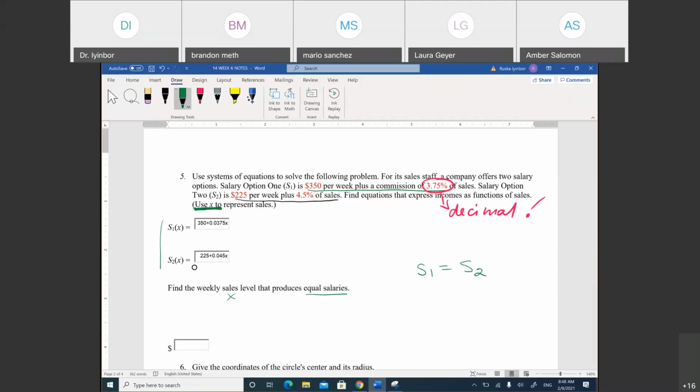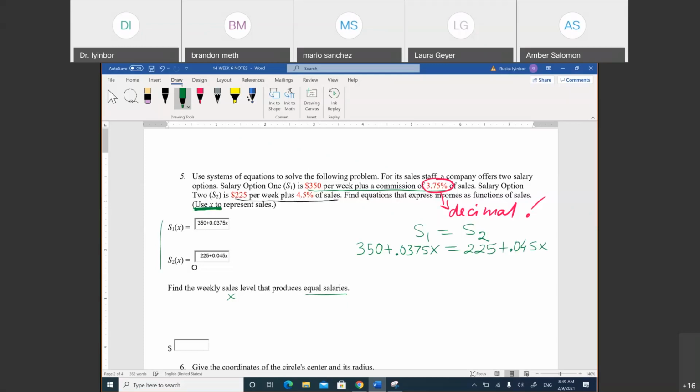So what is option 1 equal to? Set the two options equal to each other, right? So you need to solve 350 plus 0.0375x equals 225 plus 0.045x.